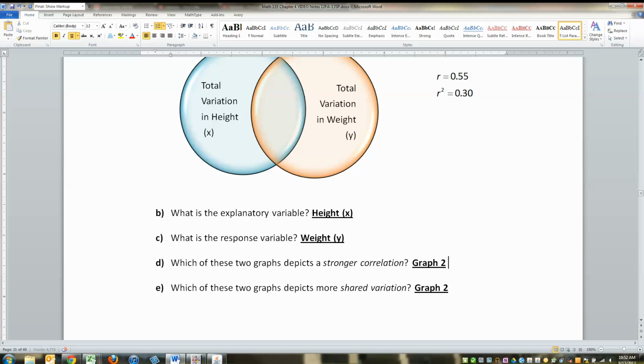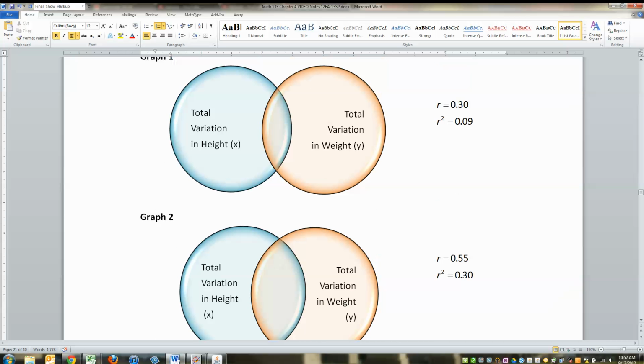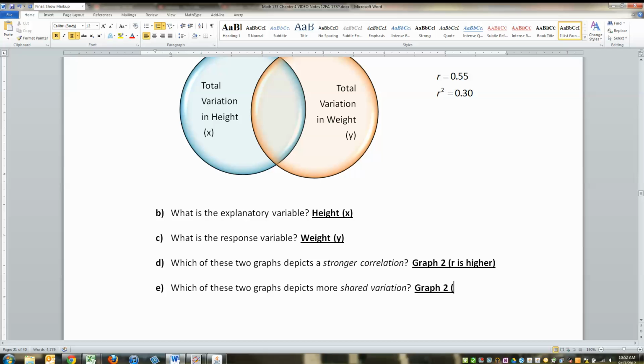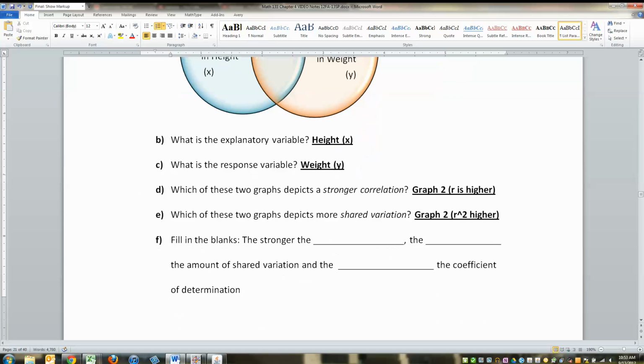For this one, the R value is 0.55. For graph 1, the R value is only 0.30. The shared variation is larger for graph 2 because R squared is higher. That's what R squared is, the overlap in there.